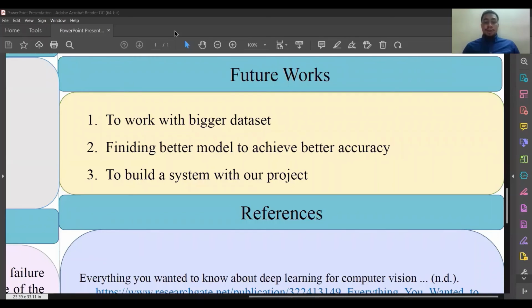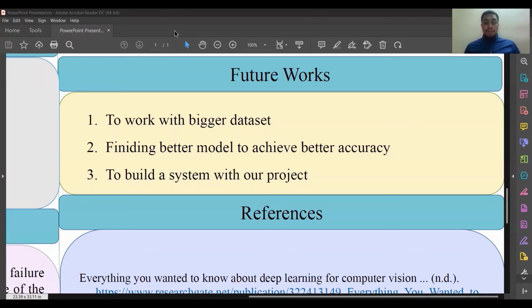To finish this presentation, we are going to show you our future work, which is to work with bigger data sets in order to get more accuracy and provide more efficiency for this model, and also to find a better model to achieve better accuracy.